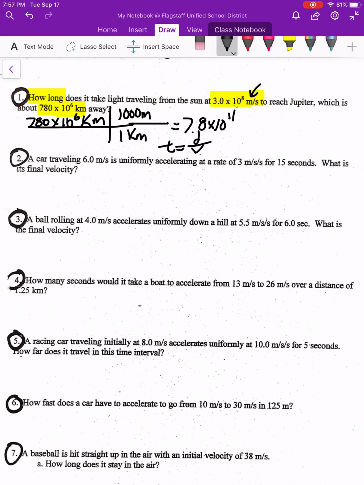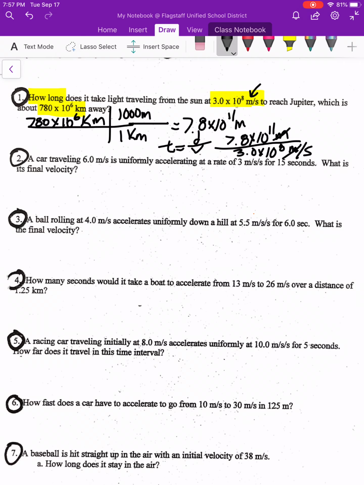So my time that I'm solving for, how long, is equal to my distance, which is 7.8 times 10 to the 11th meters, divided by my velocity, which is 3.0 times 10 to the 8th meters per second.